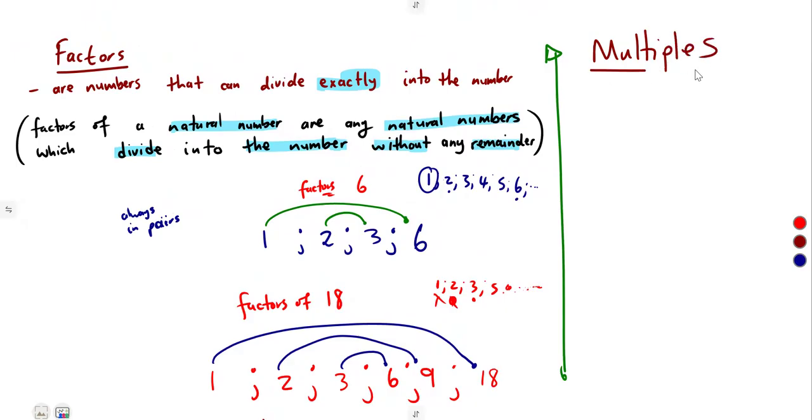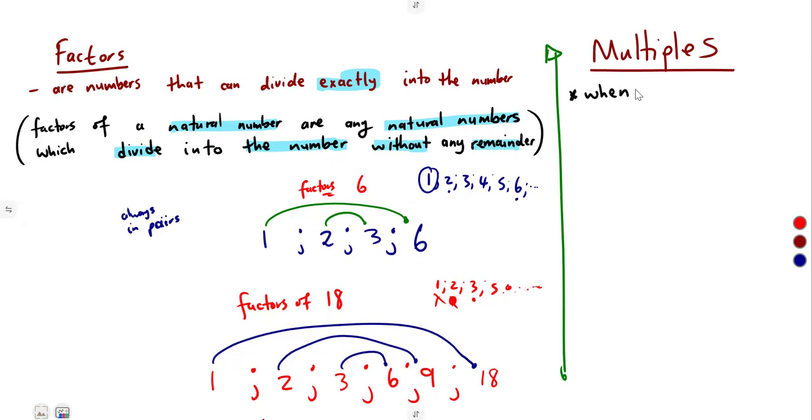Multiples are simply when a natural number is multiplied by any natural number. The answer is a multiple. Okay, let me write it down. You understand me very soon.